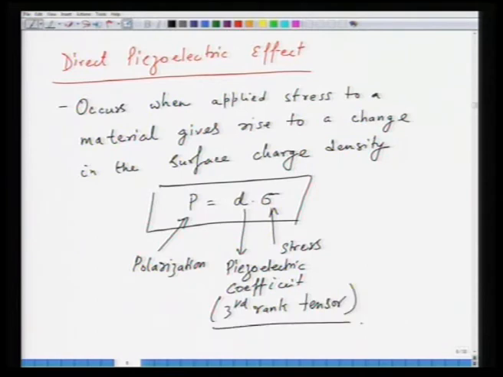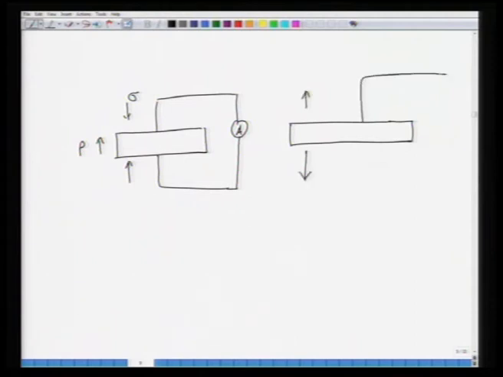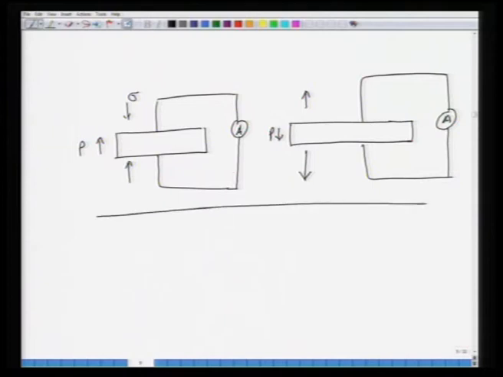Pictorially, you have a material, and when you apply stress to this material, let us say like this, sigma, then you have polarization appearing like this, and when you reverse the direction of stress, polarization also reverses its direction.